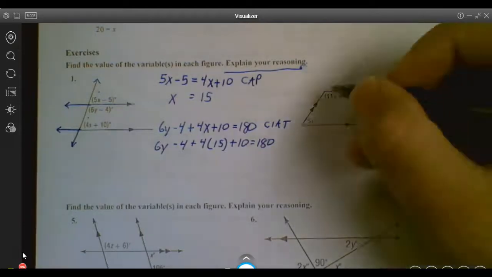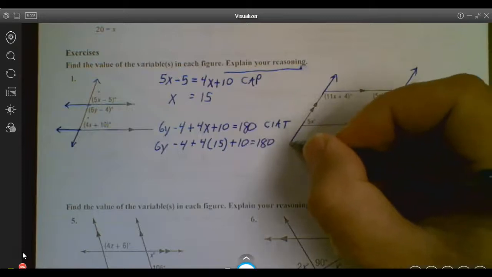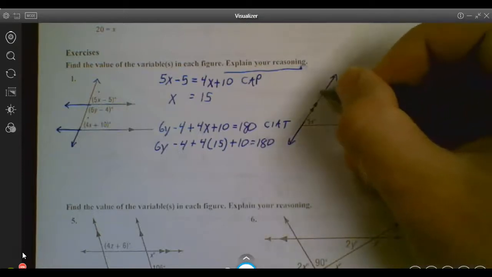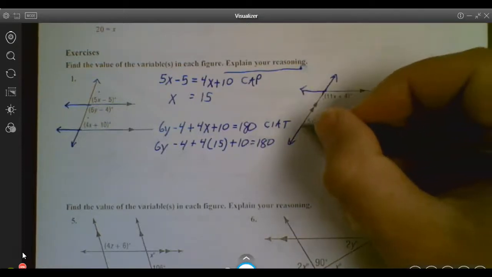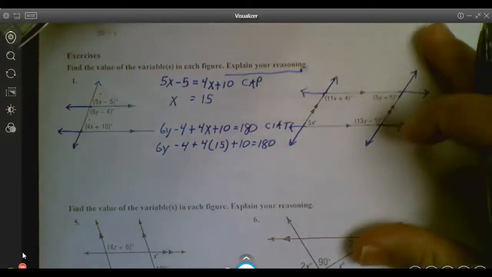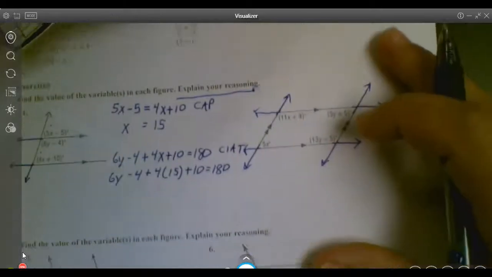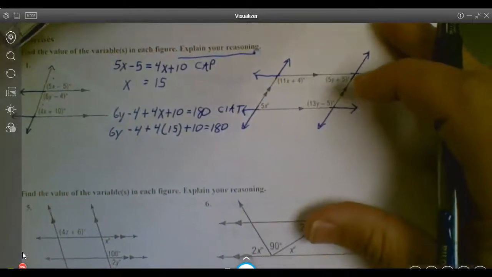So sometimes just doing this can help you. Just by extending those lines, it might look a little more familiar to you as to what we've already done, right? Because now it looks like ones that we've already seen. And so maybe that would help you as well.